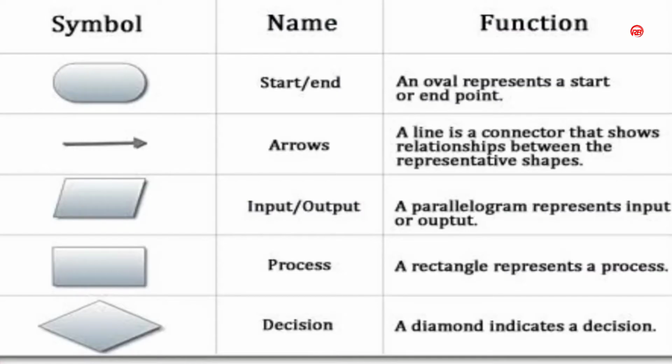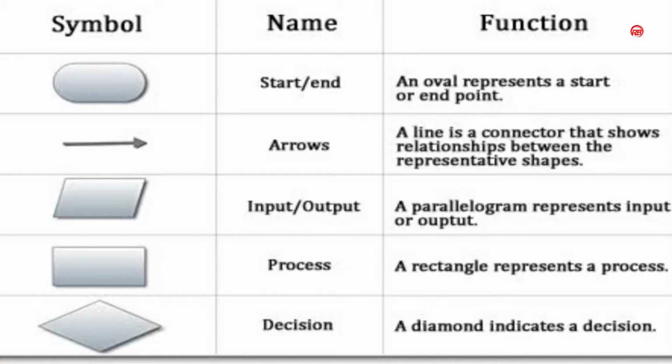Here I have given you a few symbols, their names and the functions of these symbols, which we usually use in making a flowchart. An oval represents a start or end point. And the next thing, arrows. A line is a connector that shows the relationship between the representative shapes.